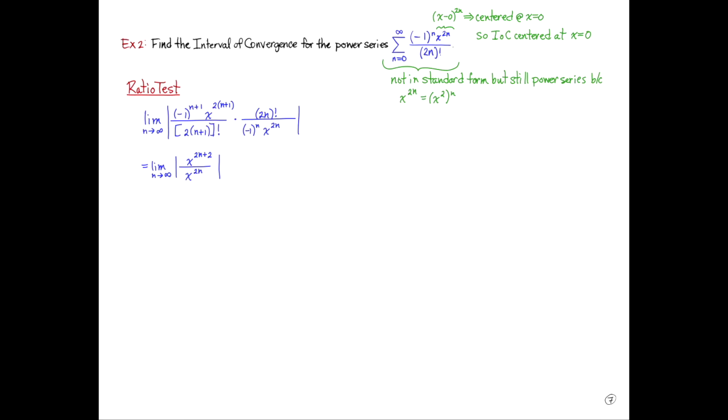Bringing down our factorial terms, in the numerator, we have (2n) factorial, and we know from Monday's lecture that (2n+2) factorial is equal to (2n) factorial times (2n+1) times (2n+2).